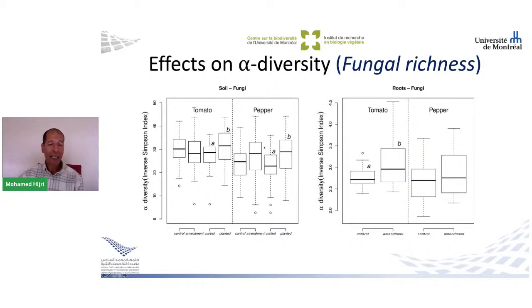But we had a significant difference between control and planted, both in pepper and in tomato for soil fungi. And for root fungi, we also had a significant difference in tomato. However, for pepper we didn't observe any significant difference, although there is a tendency, but it was not that significant.